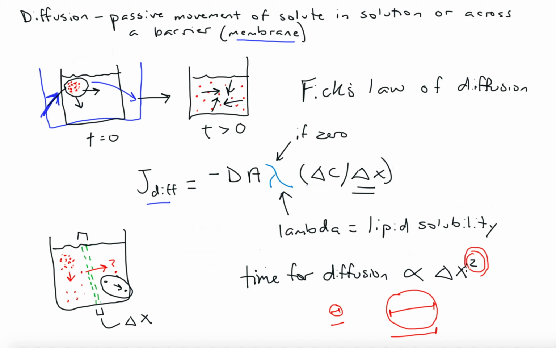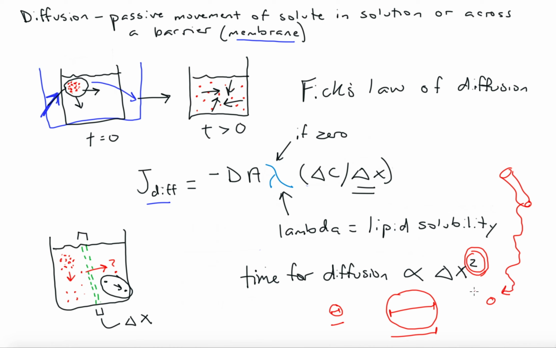This is hugely important. And what it means is that the bigger things get, or the farther our diffusion has to occur across, the worse it gets, right? The longer it takes, in which case it might not be effective. It's why capillaries need to be really close to cells, right? You can't have a cell here and a capillary over here, and expect to get oxygen to diffuse all the way to this cell in any reasonable amount of time.